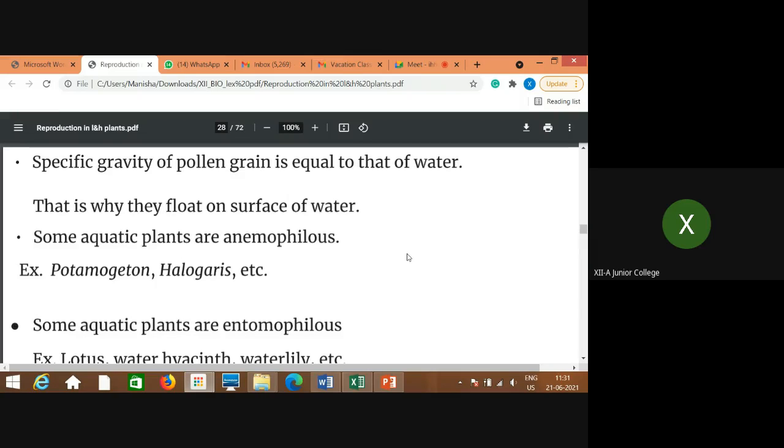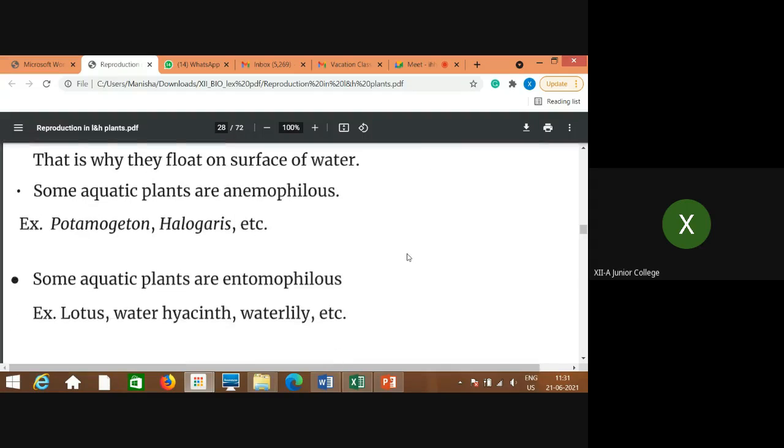How? As wind is blowing, carrying the pollen grains, and when the pollen grains fall on the surface of water, then in such aquatic plants, like Vallisneria, there are some other aquatic plants where the stigma reaches the water surface to receive the pollen grains carried by wind. So that type of pollination can be considered anemophilous.